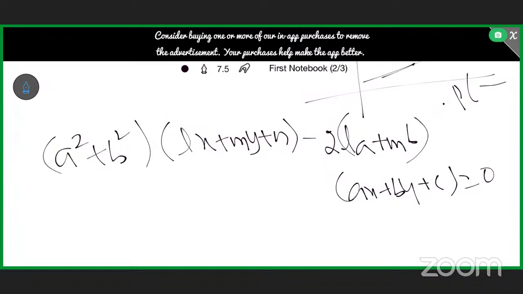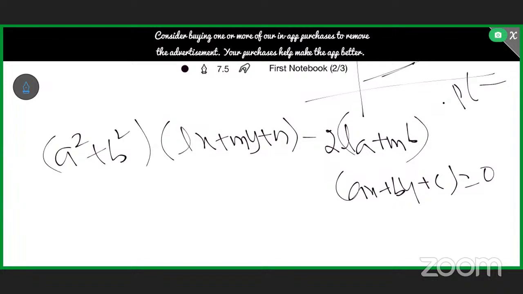This is the image of lx plus my plus n is equal to 0. This equation's image with respect to ax plus by plus c is equal to 0 is (a square plus b square) into (lx plus my plus n) minus 2 (la plus mb) into (ax plus by plus c) is equal to 0. Now same thing.